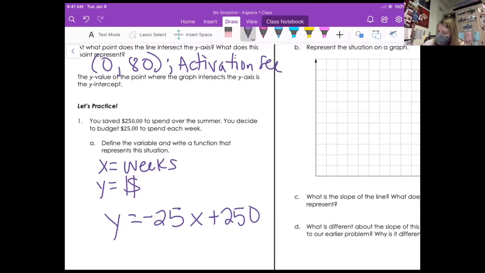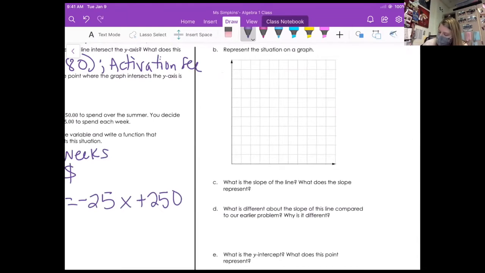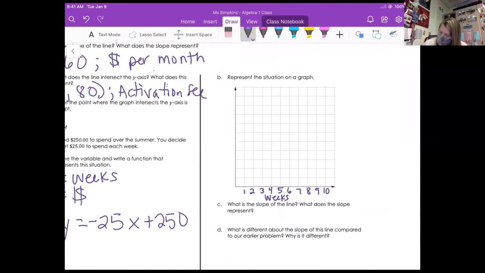All right, so let's make a graph. X value is going to be weeks, and we're just going to count by ones. So 1, 2, 3, 4, 5, 6, 7, 8, 9, 10. Y value is going to be dollars again. Can't do ones because I've got to go up to 250.